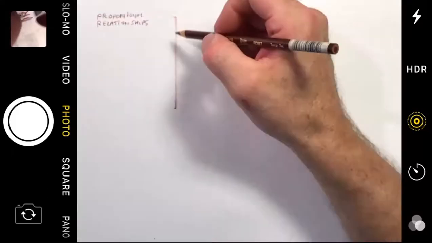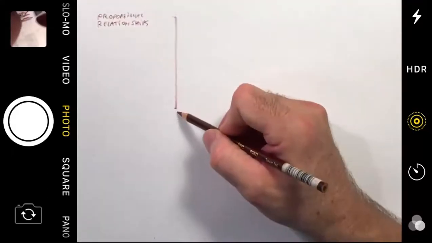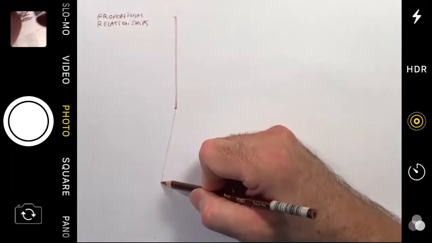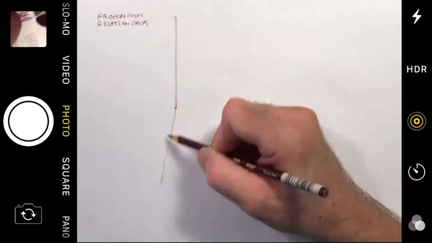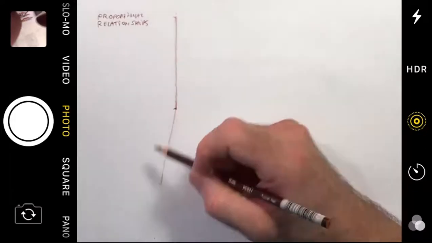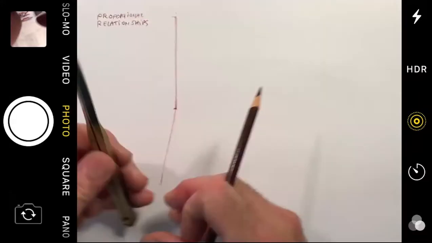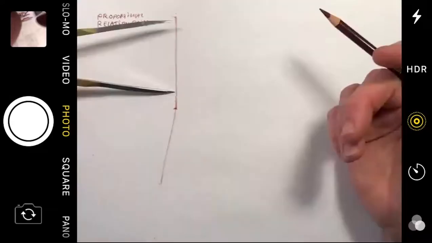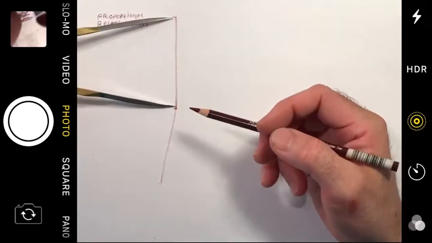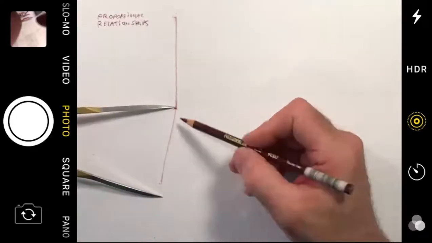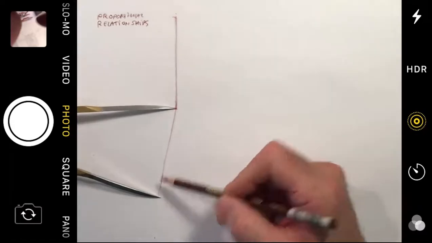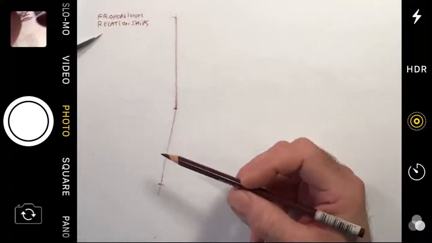Okay, so that's the humerus. The forearm is going to have a length that is slightly shorter than the length of the upper arm. So what I want to do, I can block in the length of the upper arm, right? And then make it a little bit shorter.